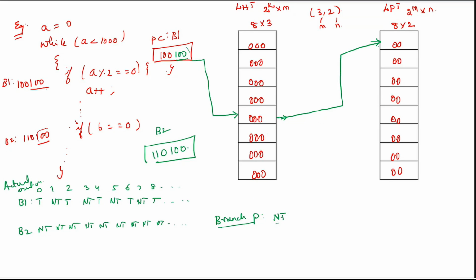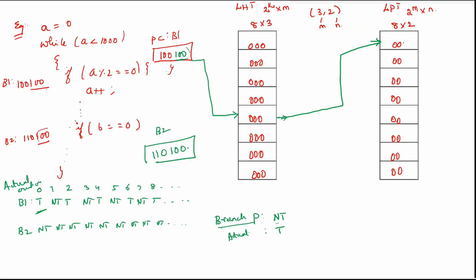But what is the actual outcome for branch 1? For branch 1, A is 0, right? Will the branch be taken or not? Taken, ma'am. It is taken, right? But we have just gone with the misprediction. Here I will write the actual outcome: actually it is taken, but we predicted not taken.